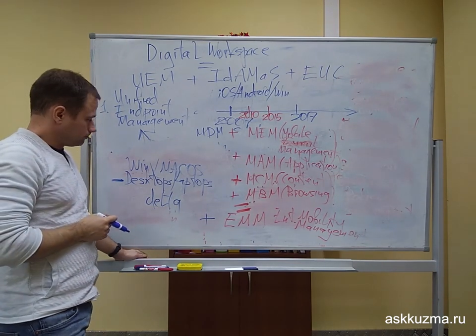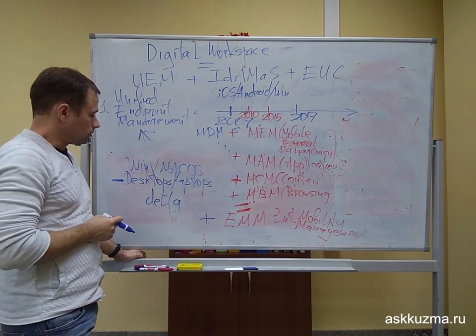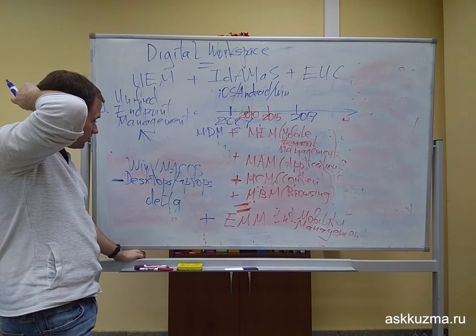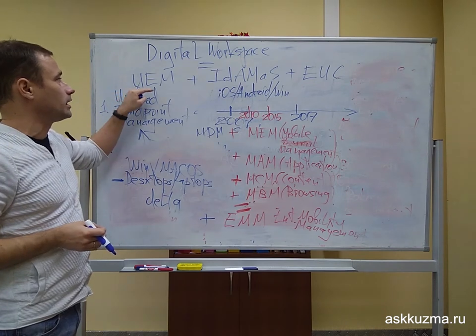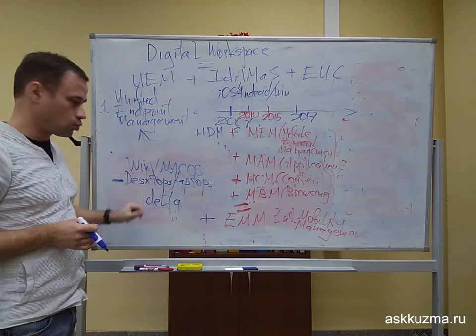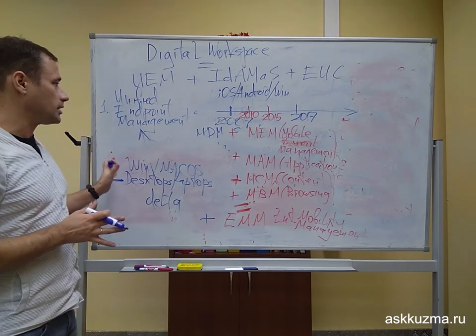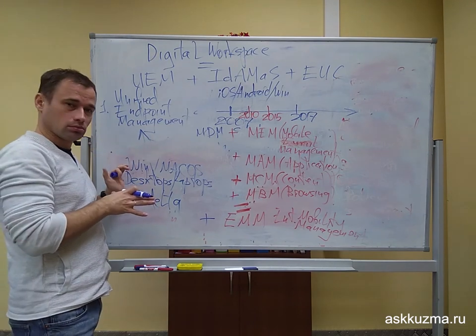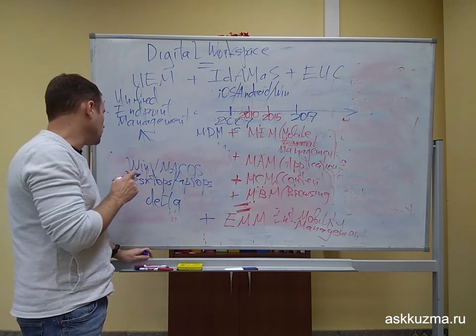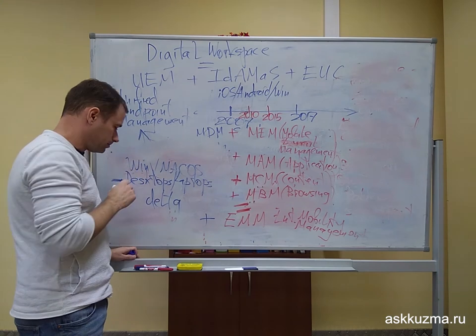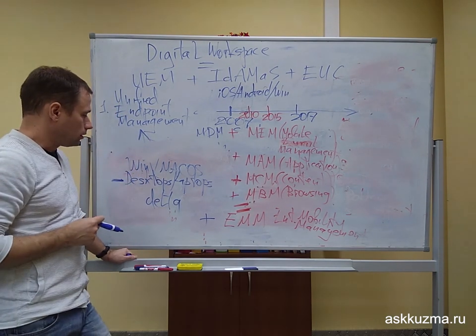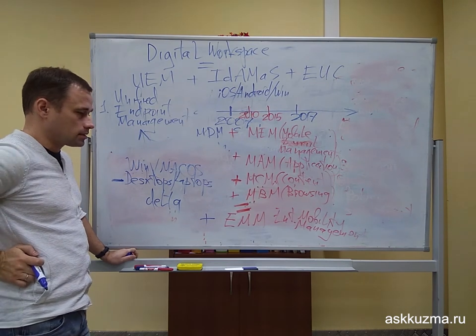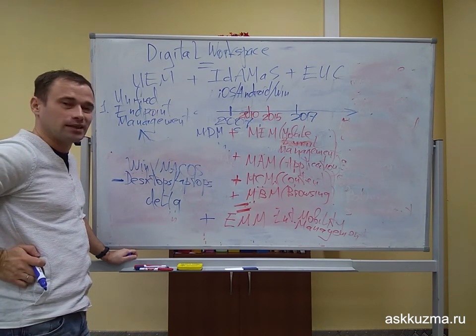What else is in this delta? So, you know what? If we're talking about a standalone UEM solution, basically that's all. Because if we try to add more parts of this delta, these parts become vendor specific.